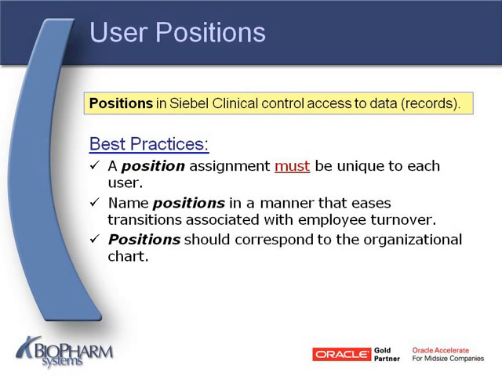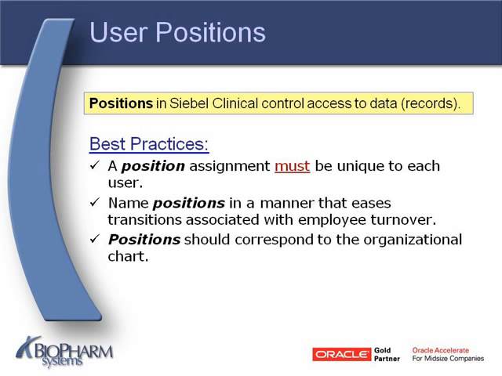For example, user positions should be named something like study manager, internal CRA, finance manager, etc., instead of Joe Smith, Sally Johnson, Jane Jones. Since multiple individuals often have the same job function, you can simply append a 1, 2, or 3, etc. to the position name to differentiate those positions. For instance, Study Manager 1, Study Manager 2, Study Manager 3, etc.